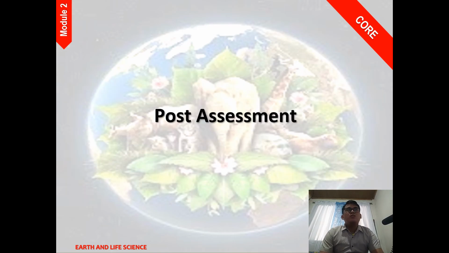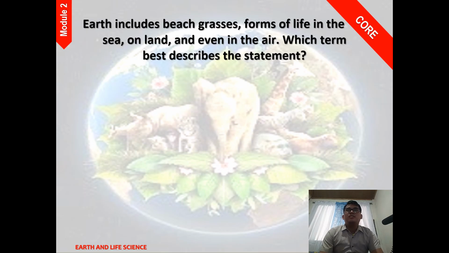We now go to our post-assessment. This has 5 multiple choice questions. You will be given 5 seconds to answer each question. Let's start our post-assessment. The first question: Earth includes beaches, grasses, forms of life in the sea, on land, and even in the air.